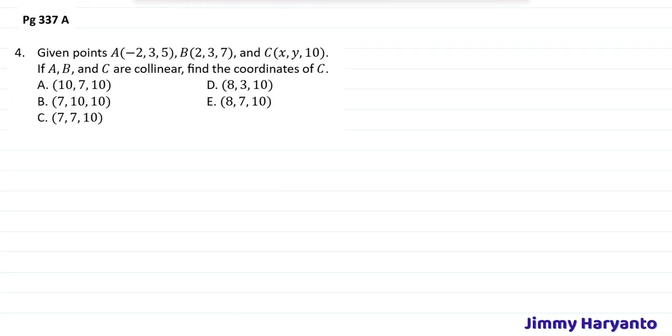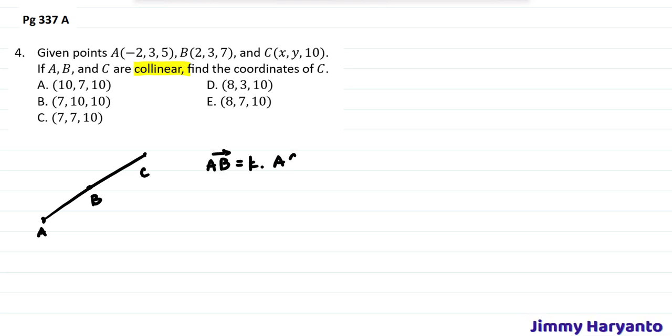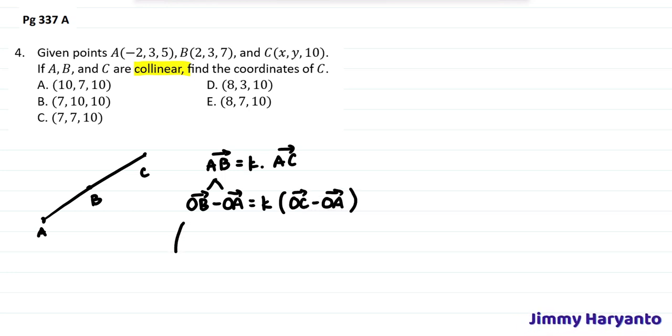Next is question 4. For question 4, we have collinear points, which means we have to use the collinearity formula. This one is A, this one is B, this one is C. I can say that AB equals K times AC, so OB minus OA equals K times (OC minus OA). Let's calculate it first.